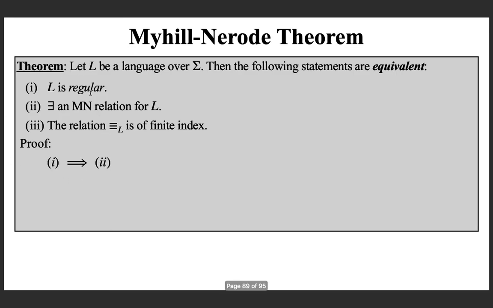It is easy now. You can say that 1 implies 2, because L is regular means there exists a deterministic finite state automaton for L. Then you can apply this construction to obtain a Myhill-Nerode relation, because you have a DFA, and hence you can obtain 2 from 1. Now you can see that 2 implies 3. Why is it so?